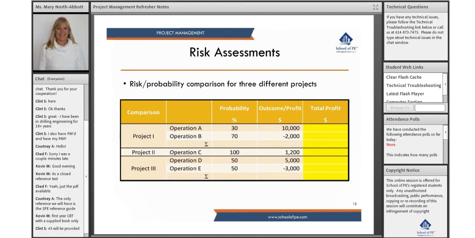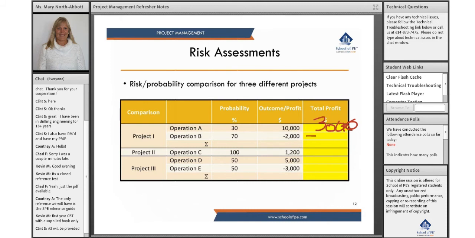So here you would basically multiply the probability times the outcome, the profit. So 30% times the 10,000 would be 3,000. Operation B would be 70%. Obviously these are percentages, so 0.7 times the negative 2,000.